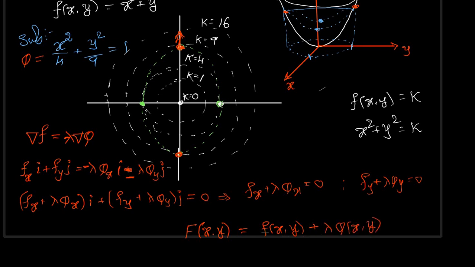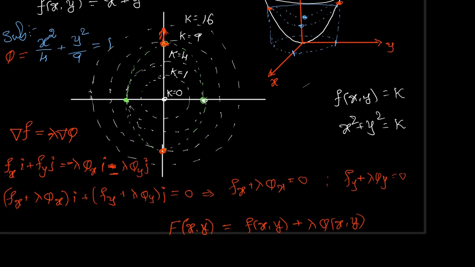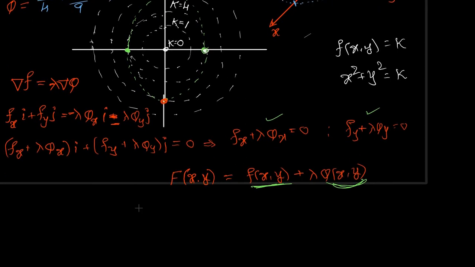If you want to find the points where f takes maxima or minima subject to the given constraint, you find the partial derivatives of this capital F and equate them to 0, and find the points where these are 0. That gives you the points where small f takes maxima or minima subjected to phi. Whatever constants you are multiplying, these are what we call Lagrange multipliers, and this is the method of Lagrange multipliers.